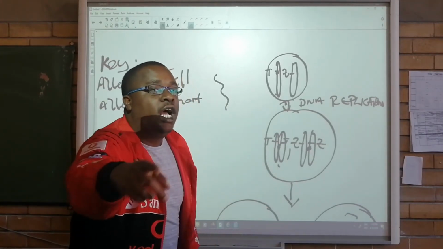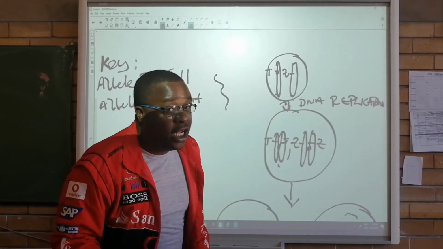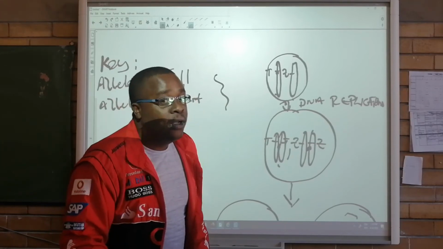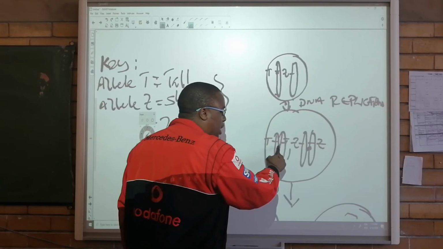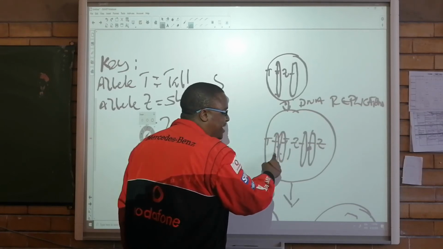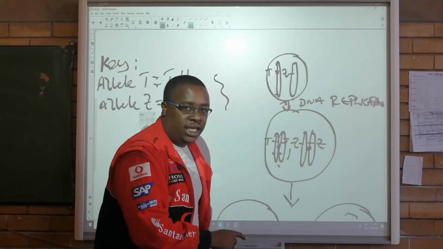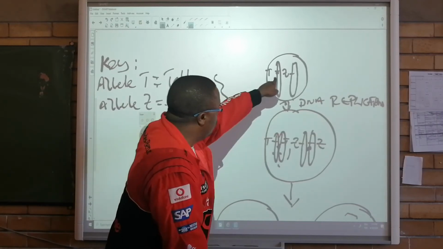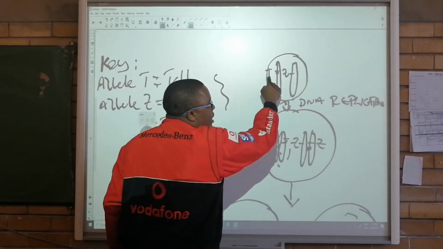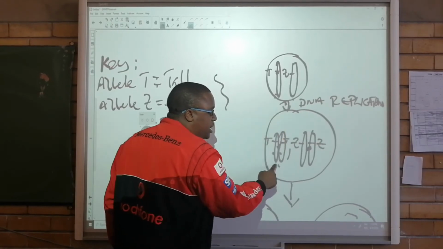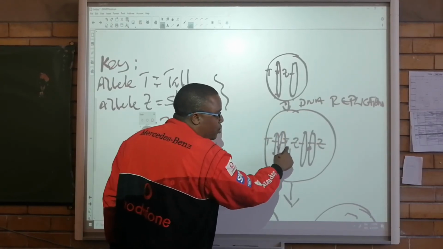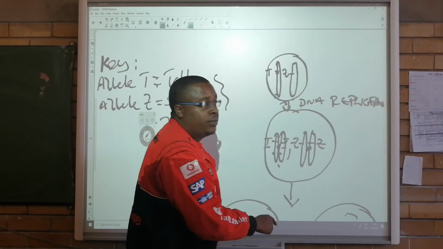And when it occurred, how many chromosomes did you end up with? 2. The only difference is that each of these 2 is made up of identical units called sister chromatids. So this one here that is carrying the dominant allele for tall ends up with a sister that is also carrying the allele for tall.